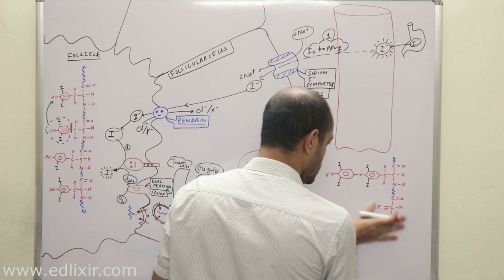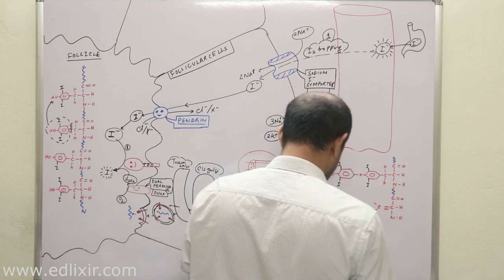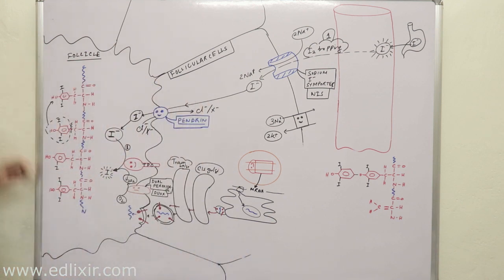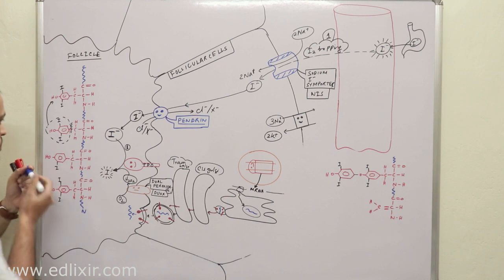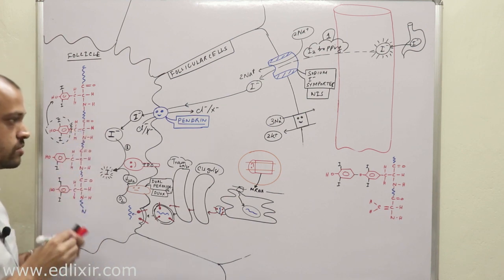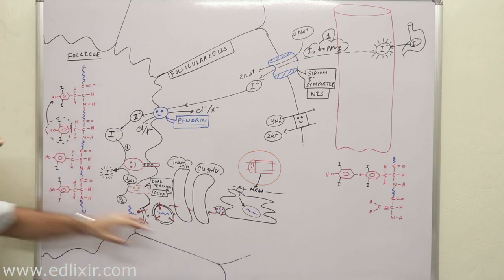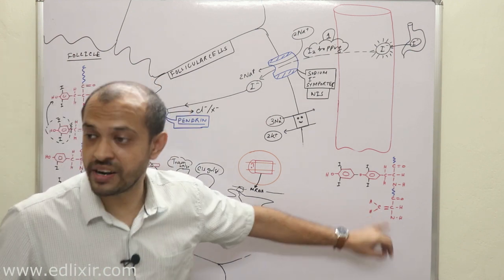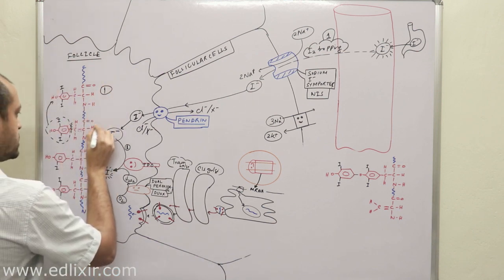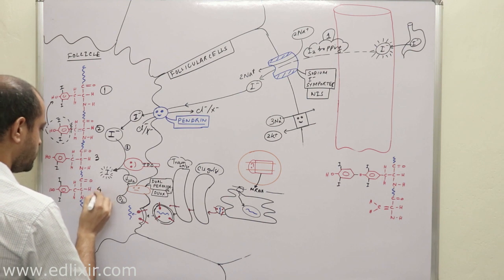The position from which this benzene ring has been taken, this carbon will now have a double bond with this carbon, and therefore from sp3 hybridization this carbon will now have sp2 hybridization. So this was the first tyrosine, this is the second tyrosine, this is the third tyrosine, and this is the fourth tyrosine, right?